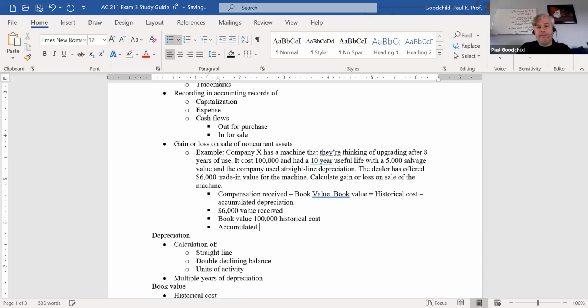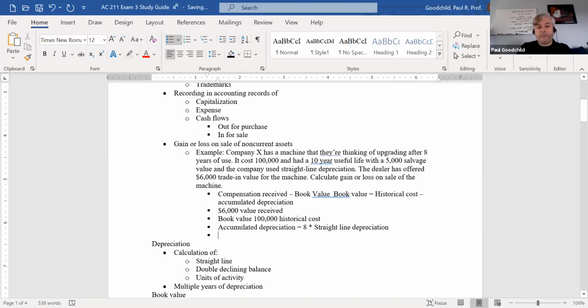Accumulated depreciation equals 8 times the straight line, which is 100,000 minus 5,000 divided by 10 years.